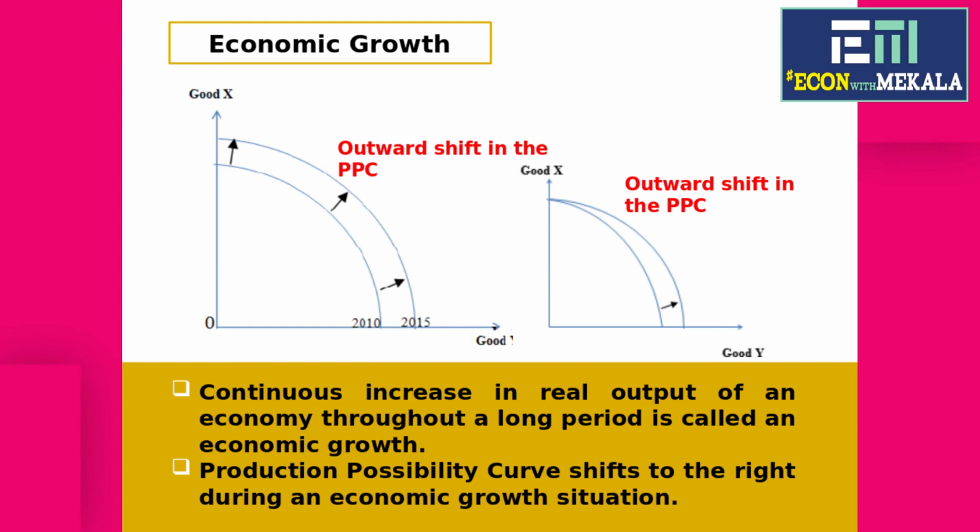So both graphs are correct. The difference between these two graphs, the first one indicates an increase in all sectors of real output in the economy, but the second graph shows an increase in real output of some sectors of the economy.